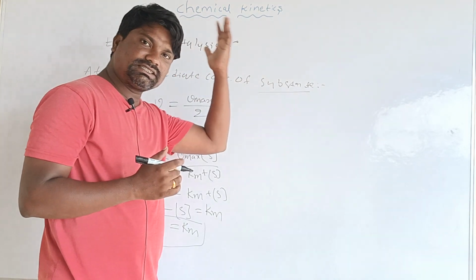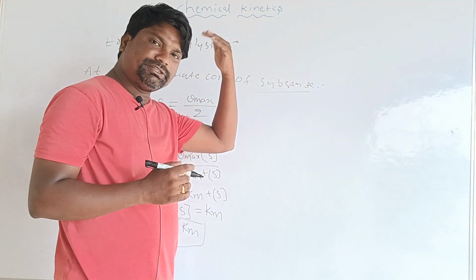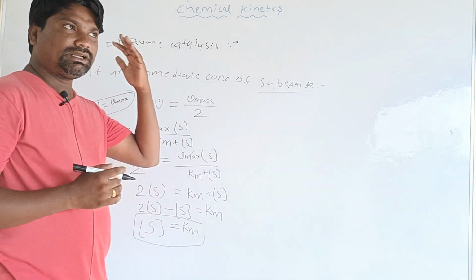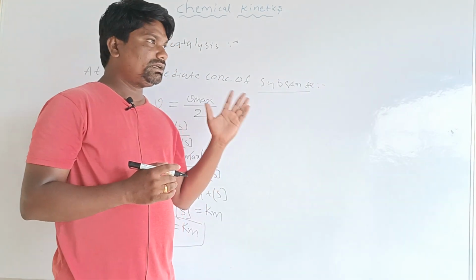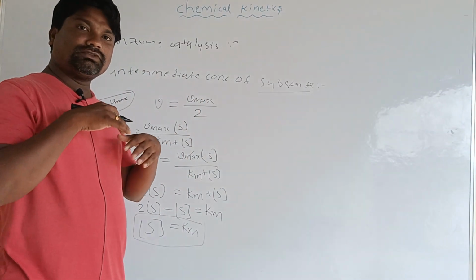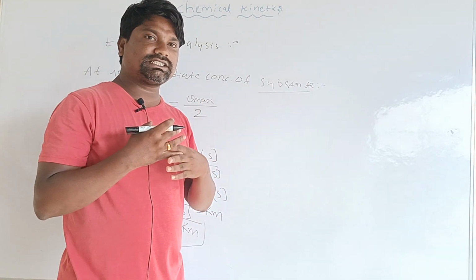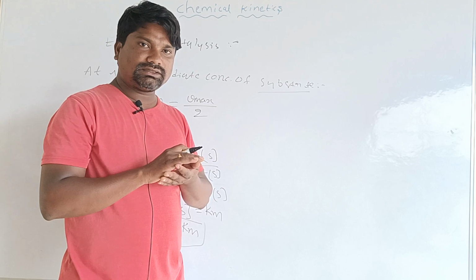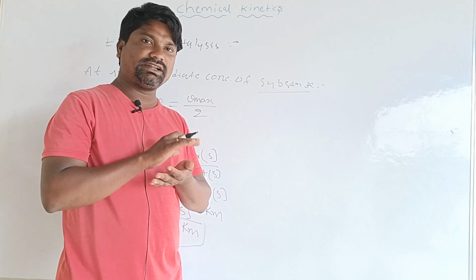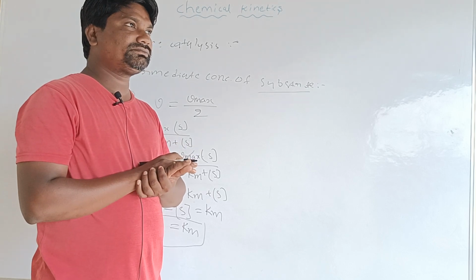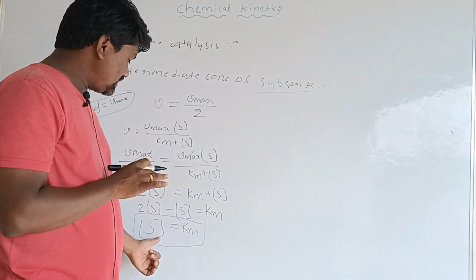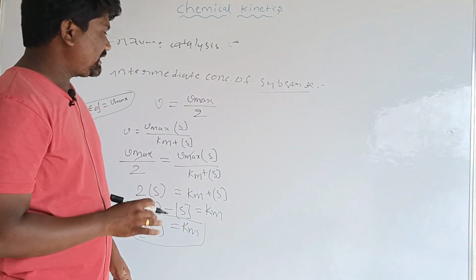At high concentration, mu is equal to mu maximum and zero order reaction. At low concentration, first order reaction. But here at intermediate concentration, substrate concentration is equal to Km.